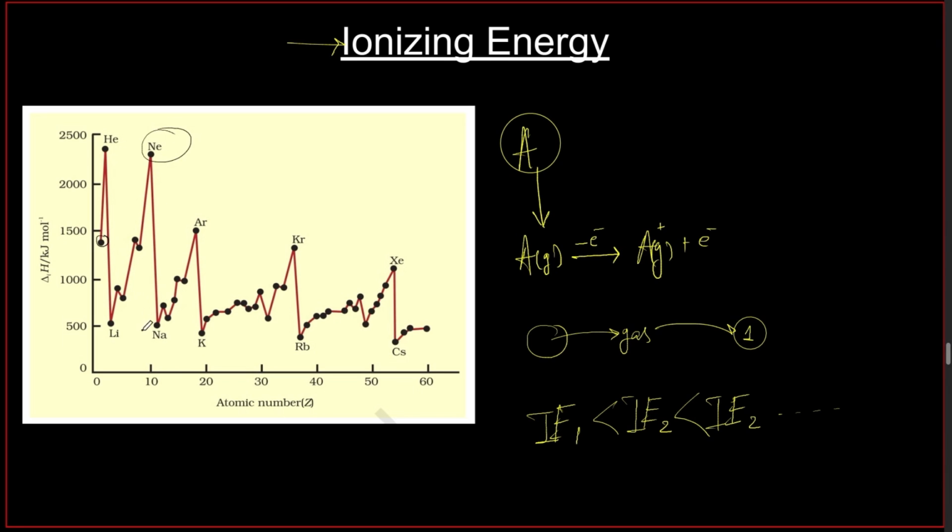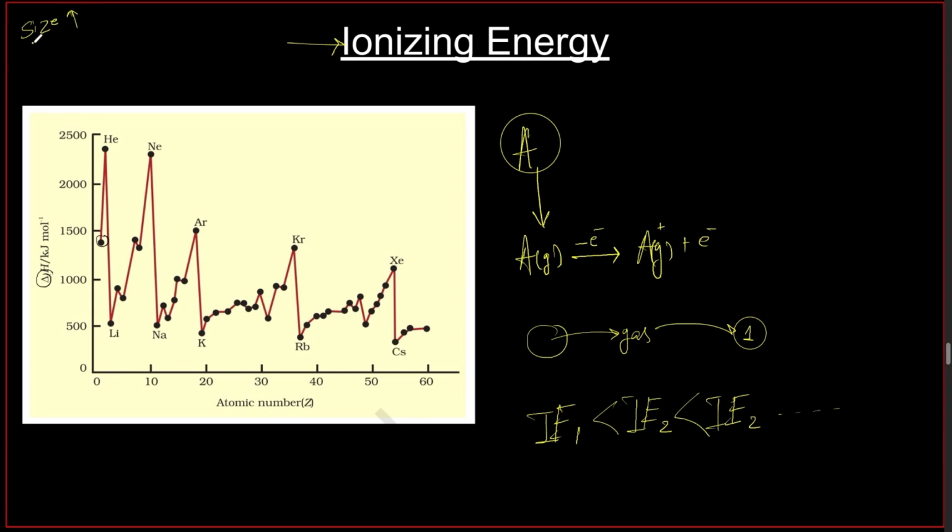For the trend, as you can see with hydrogen, helium, lithium, neon, and Li, Na, K, Rb, Cs, going from top to bottom the ionizing energy is decreasing. The factors controlling ionizing energy, the first one is size.